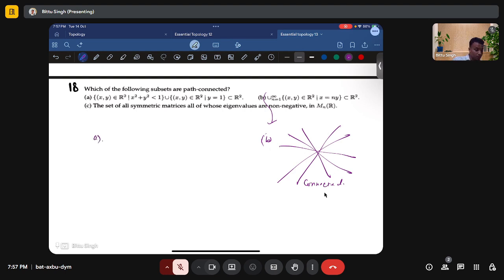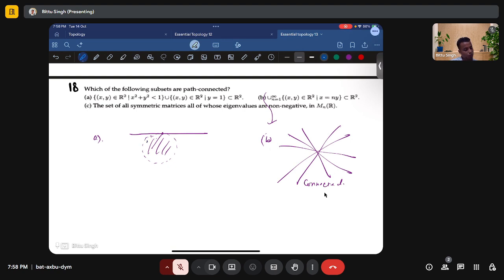What about A? For A it is given by x square plus y square is equal to 1. We are considering this part and we are also taking y equal to 1. Y equal to 1 means this tangent. So note that this is actually connected because this point is already there, and this is moreover path connected.